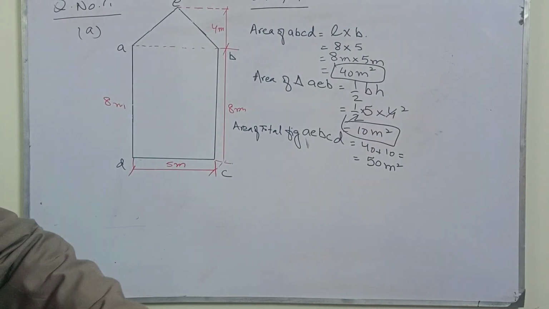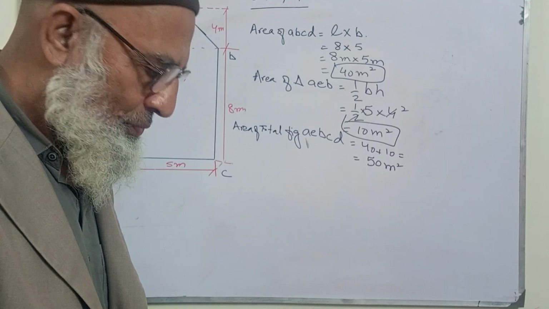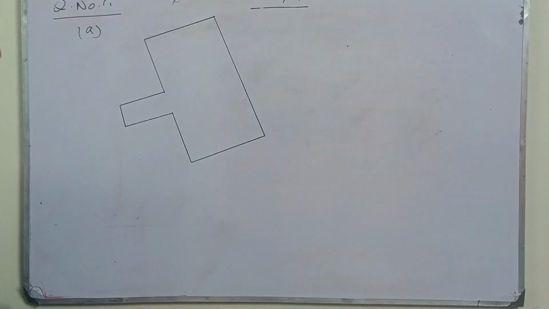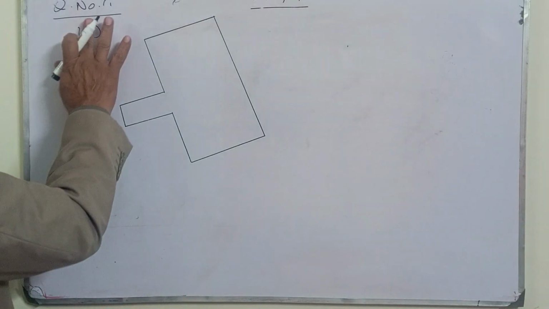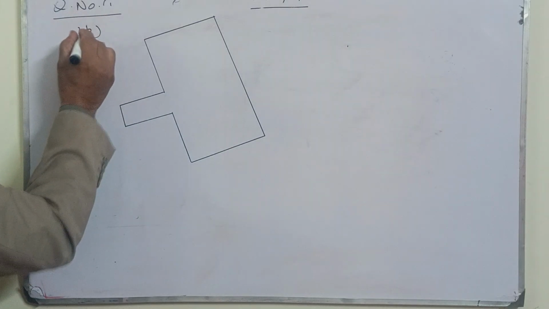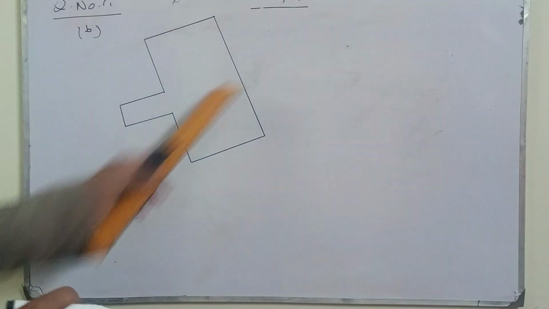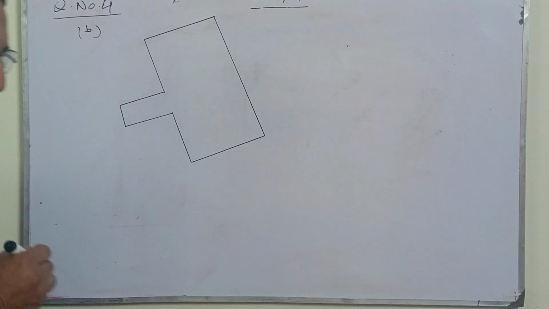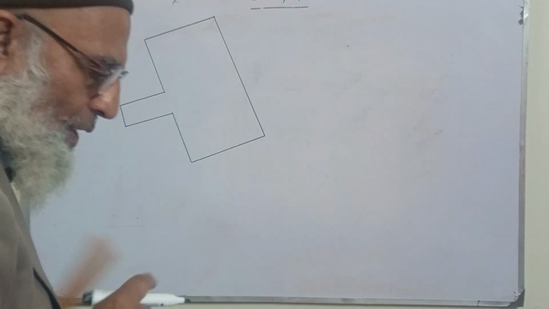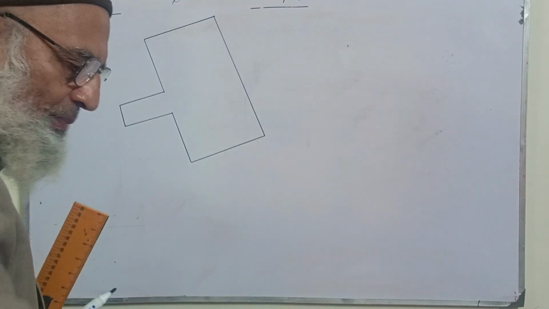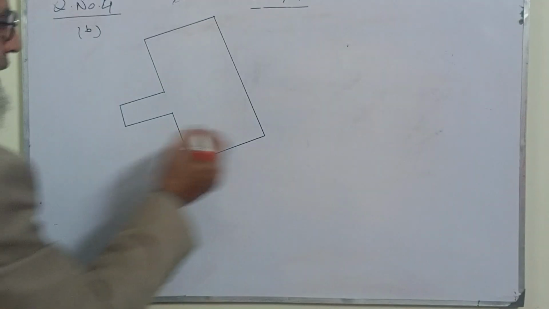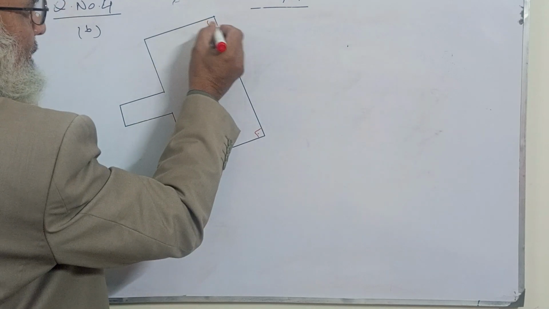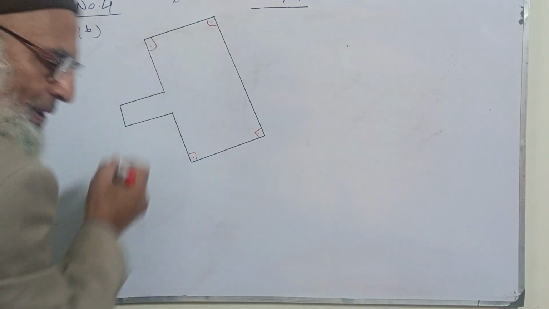Let me check the next one also. Now question number 4, part B of the same. My dear students, you can see this shape. This is part B of exercise 7.1, question 4. There are also some hints given to this: this is a right angle, this is a right angle, and what else?